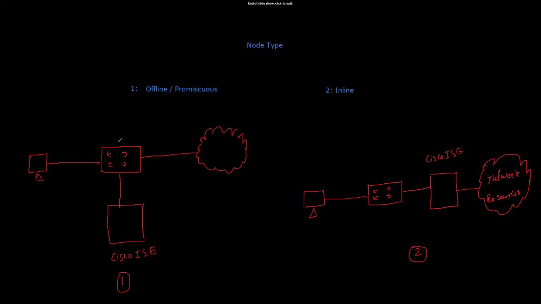So this switch has full freedom to take the decision that whenever this user is connecting, whether this user needs to be sent to the Cisco ISE for authentication or needs to bypass the authentication check.